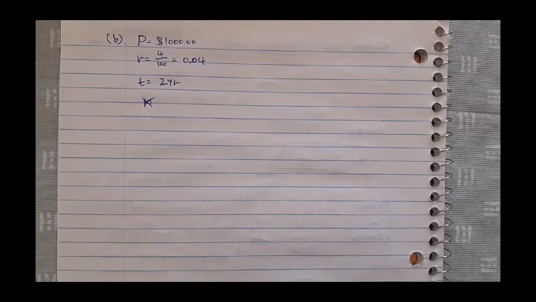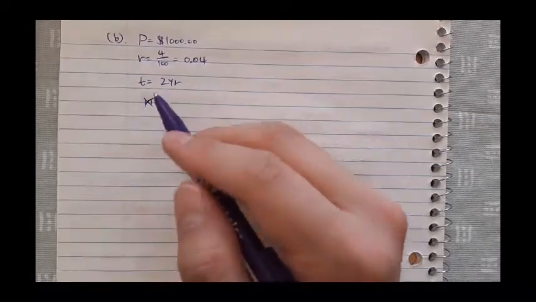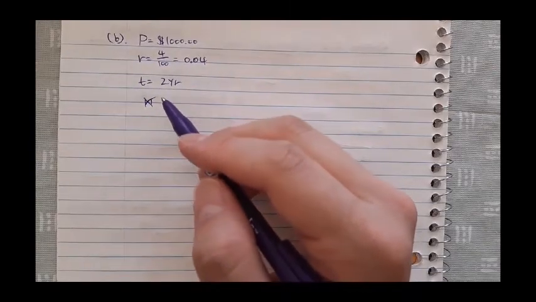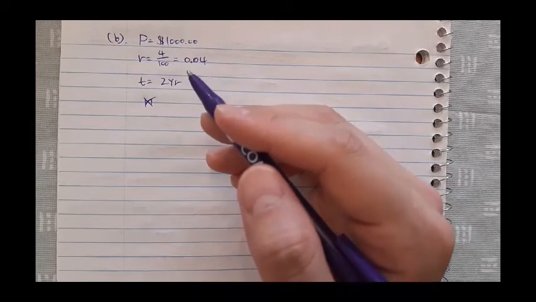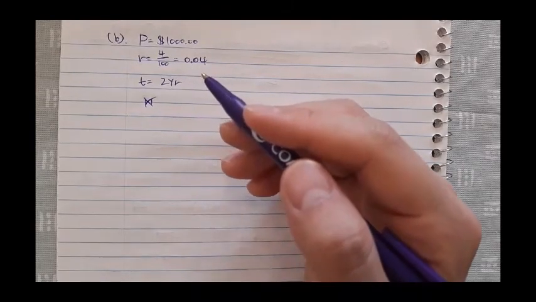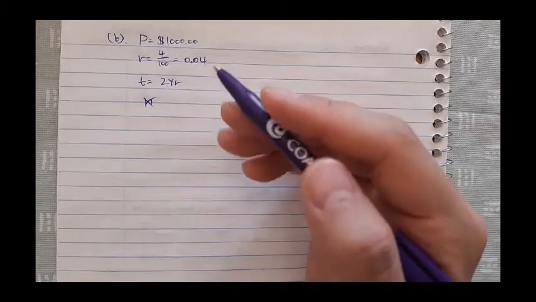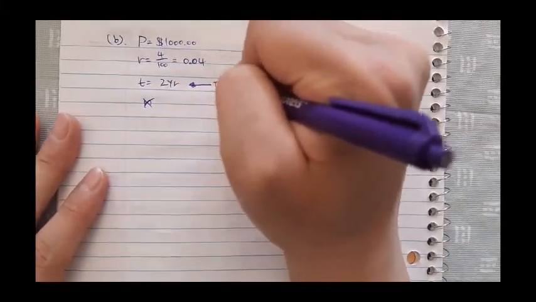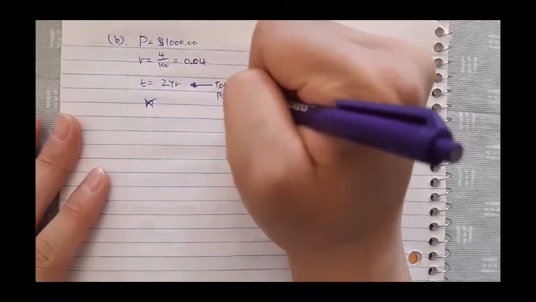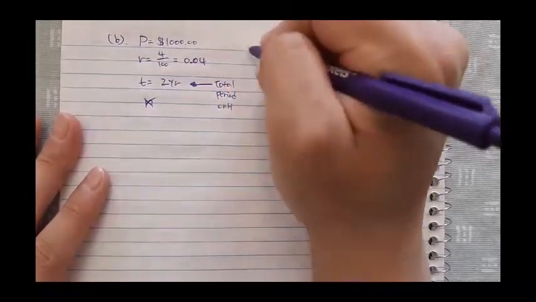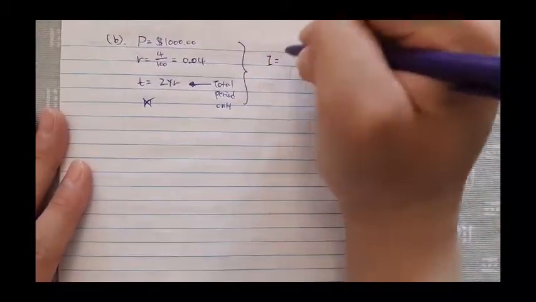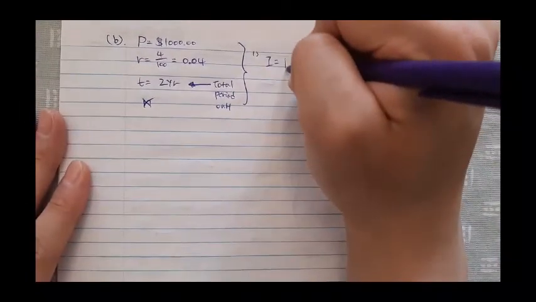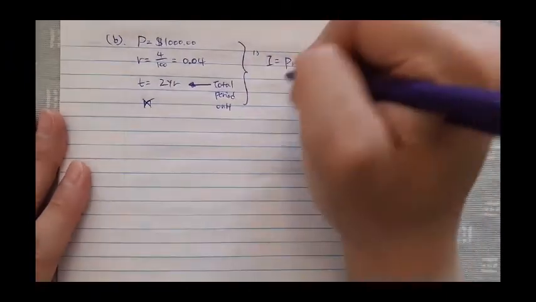Some people rarely put T is equal to 1 year just because of yearly. But remember, with simple interest, you are talking about the total time only. I'm going to put that. All right. Now, it's a two-step. I is equal to PRT, this part first.